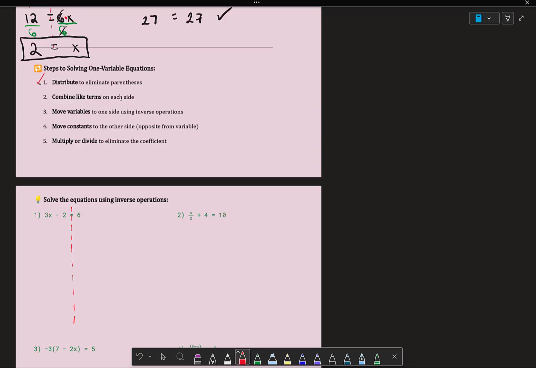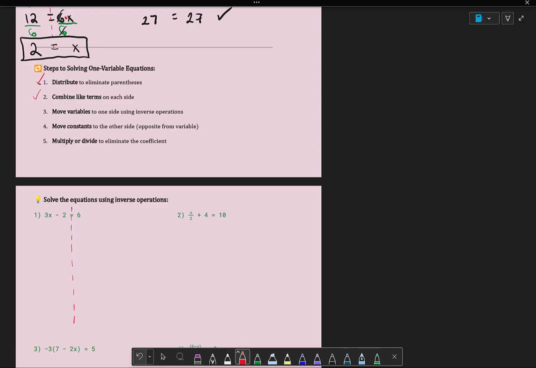Step 2 says combine like terms on each side. Well, the right side only has 1 term, so nothing to combine there. The left side has 2 terms, but one of those terms has an x and one of those doesn't. So there are no like terms in this problem. So step 2, we can check that off.